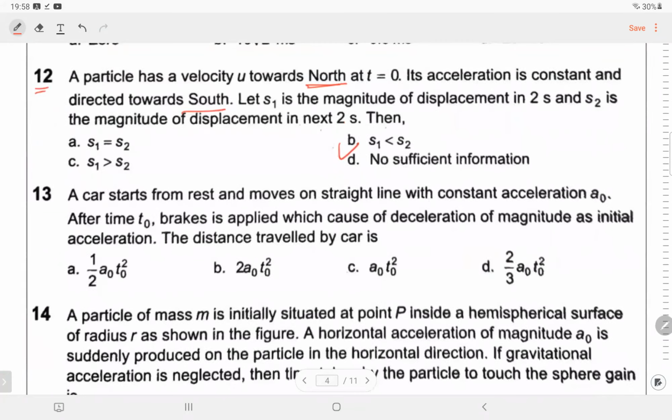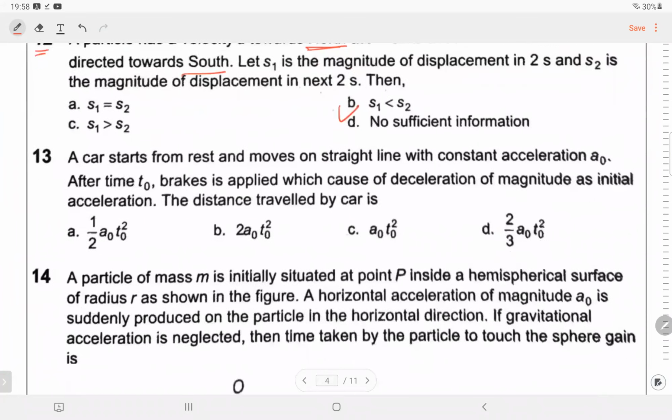Number 13. A car starts from rest, moves on a straight line with constant acceleration. After time t0, brake is applied causing deceleration of magnitude equal to the initial acceleration. Find the distance traveled by the car. When the brake is applied, the retardation becomes the same as the earlier acceleration, and we have to find the total distance covered.